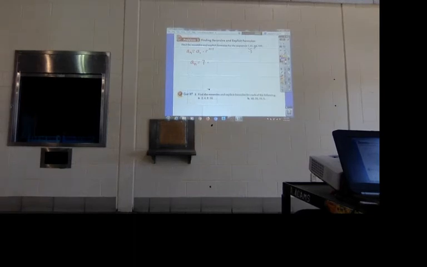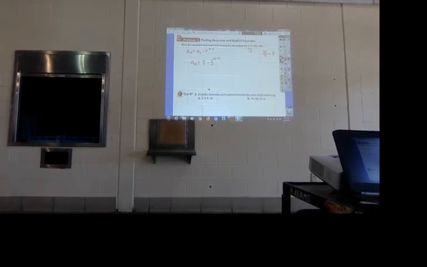To find my common ratio, you take your second term, 21, divided by your first one. What was the common ratio? 3. We already found that, all right? So that's my ratio, and it goes in the r spot. Then we still don't know what nth term we want to find.